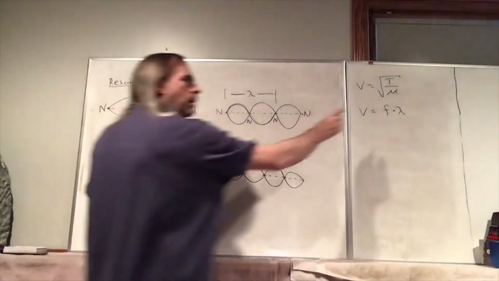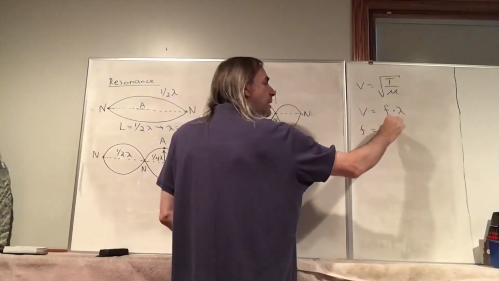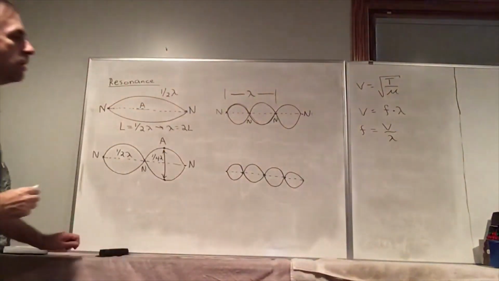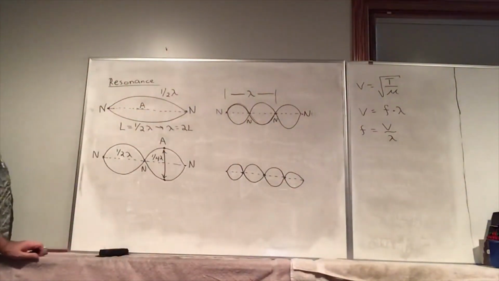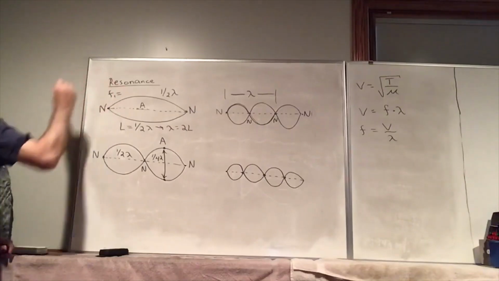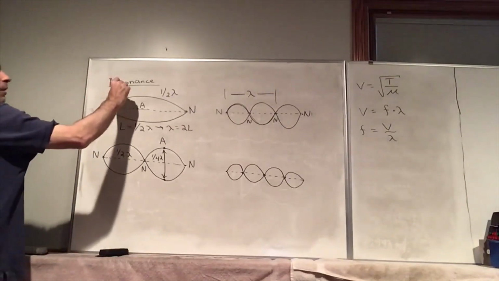And if we rewrite this equation, we can say in general the frequency is the speed over the wavelength. And so if we want to write the frequency, I'm going to call this F1. I'll just write it here on a small board. But so here we have V over 2L.